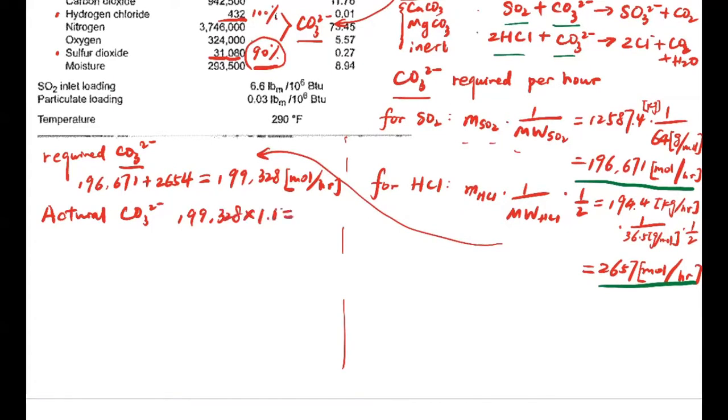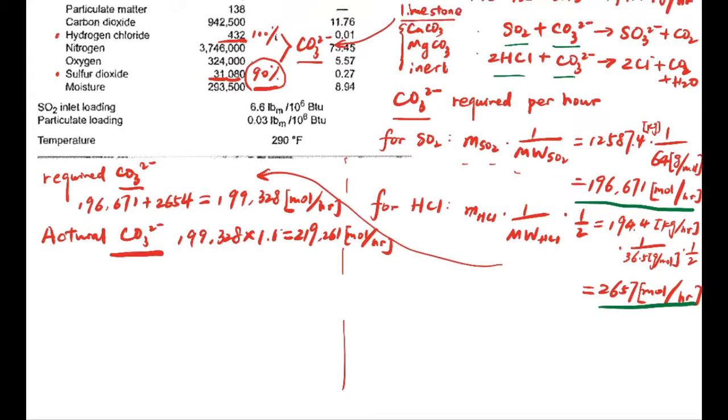That's going to be 219,261 mole per hour. So this is the actual amount of the carbonate ions required, and this is our target.